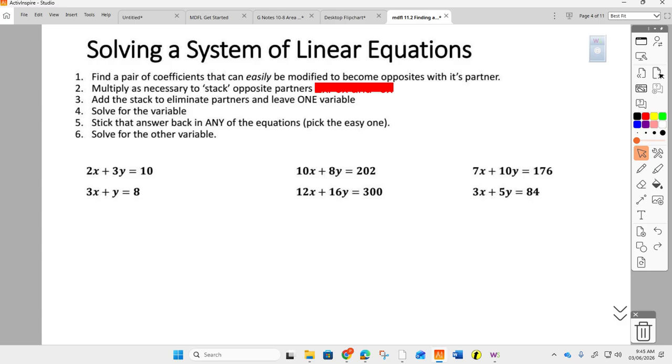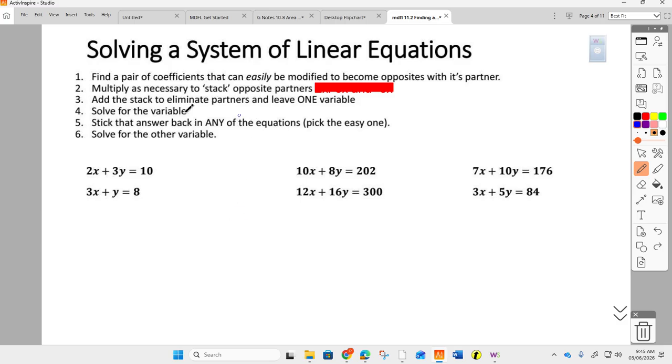We want all of our like terms from one equation to be lined up vertically with the other equation. So, for example, 2x and 3x, they need to be lined up. 3y and y, constant and constant. We could have this written as 3y equals negative 2x plus 10, but then this would be y equals negative 3x plus 8. We have to put them in the same order. Does that make sense?